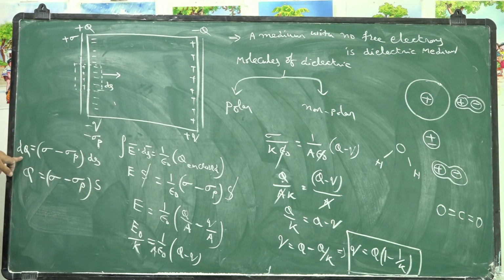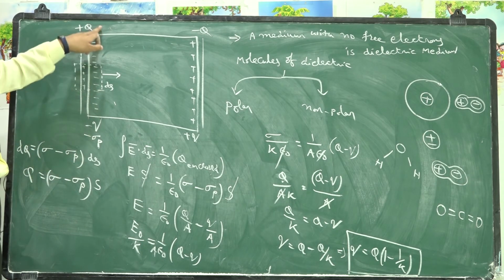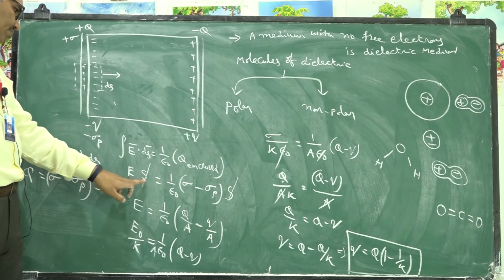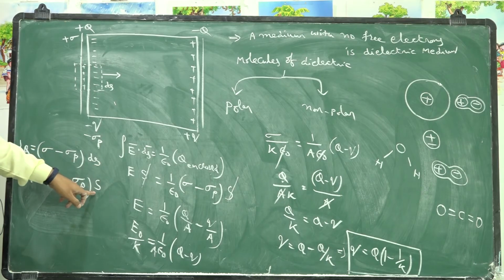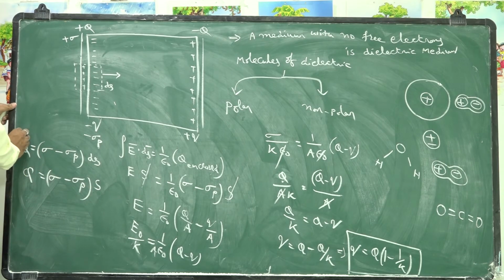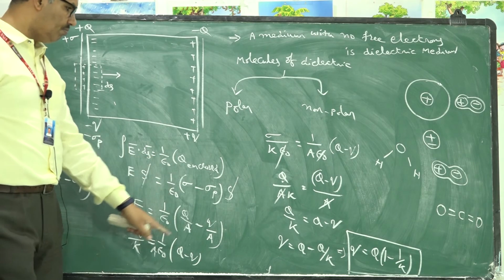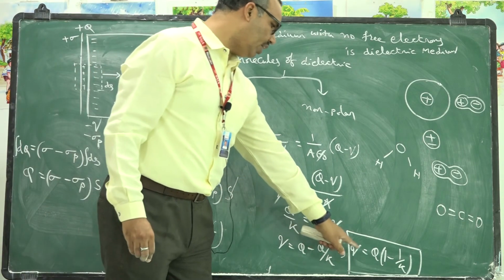If you want to calculate the flux, the charge available inside that small area is given by this formula. If you take the entire area into consideration, integral ds becomes S. Otherwise you take the integral here, no problem. So you can substitute it here to get the relationship between small q and capital Q.